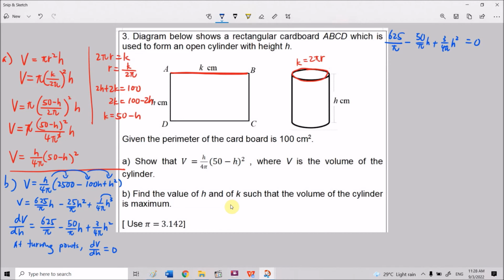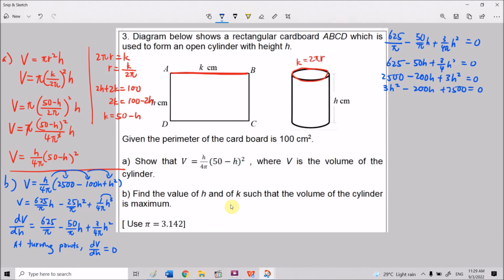So I multiply all by pi, and I'll get 625 minus 50h plus 3 over 4 h squared. I multiply all the terms by 4 in order to get rid of this 4 here. Let me rearrange this first.